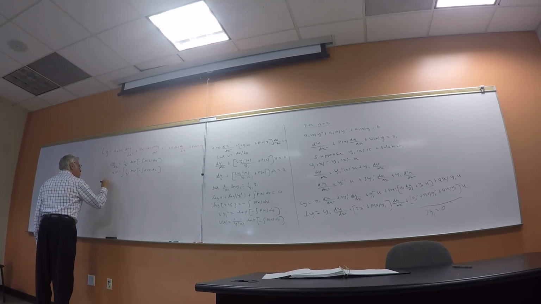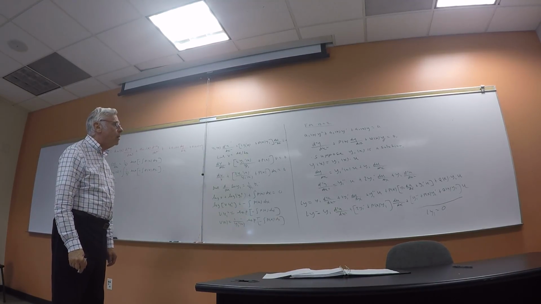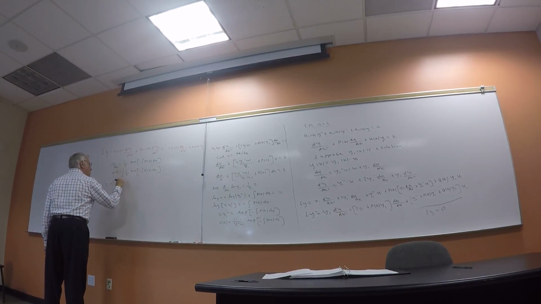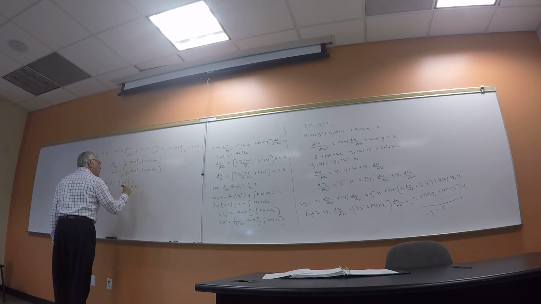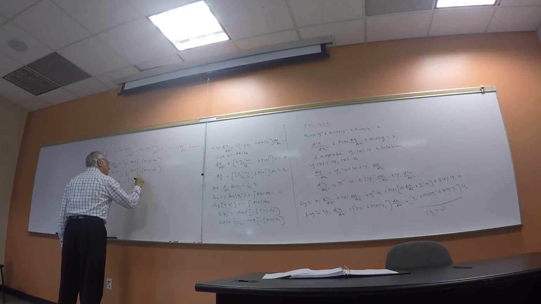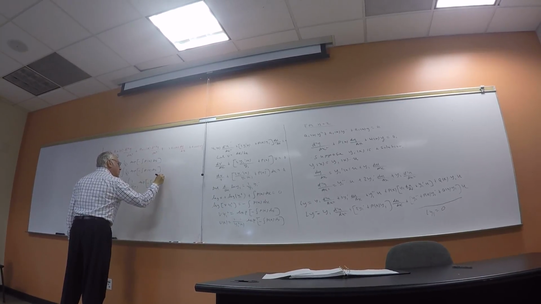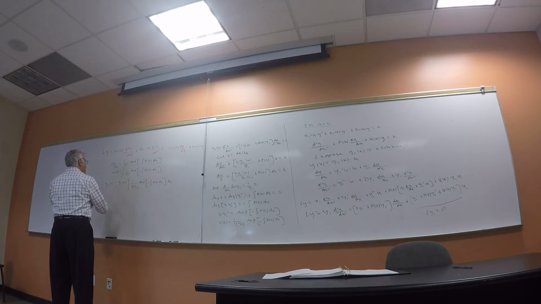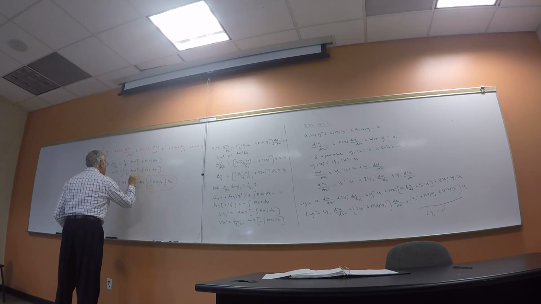So the second independent solution, y2 of x, is given by y1 times u. y1 of x, which you know, right, then we have the integral of 1 over y1 squared of x, which you know, exponential of minus the integral of p of x dx, dx. Okay? Let's put just a box around this. Okay, this is the final equation, or the final solution, right? Okay.